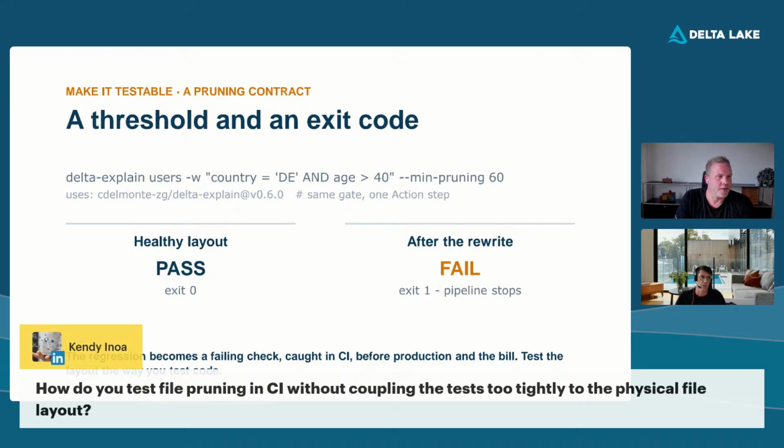Well, actually, you always handle a threshold. The threshold is the result that you have when you use this min pruning. Let's say 60 in this example, 60% of pruning.